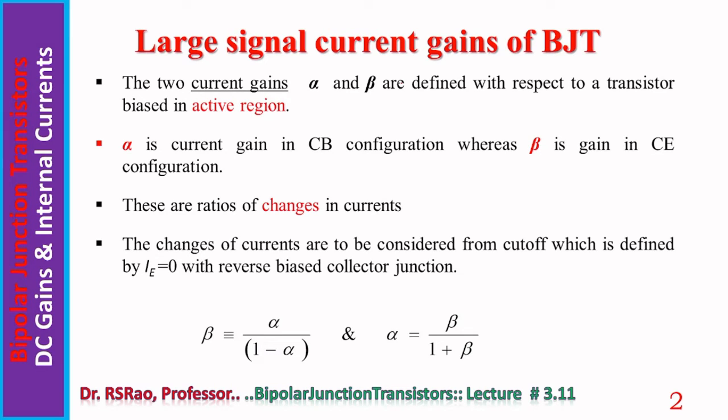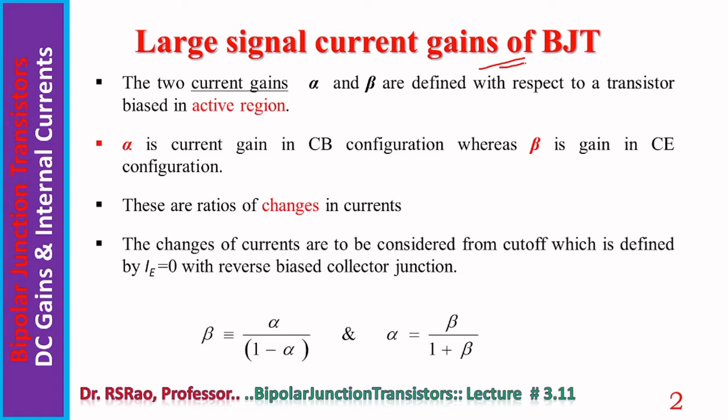A few introductory remarks regarding DC current gains or large signal current gains of BJT. Notice alpha and beta. These are current gains, large signal current gains.